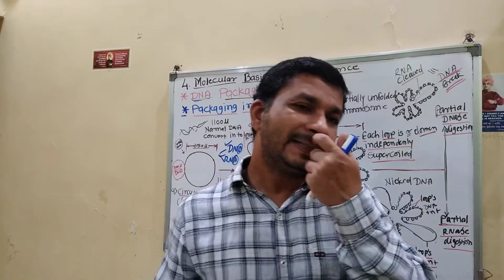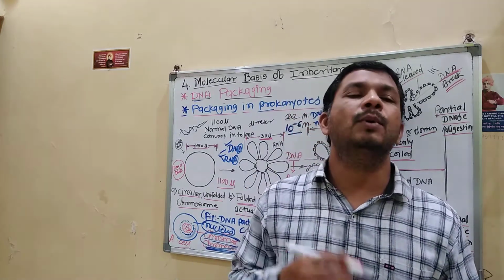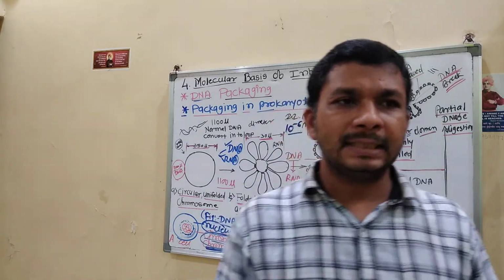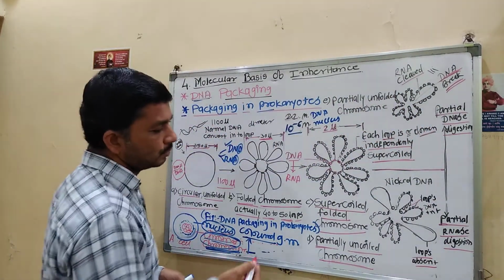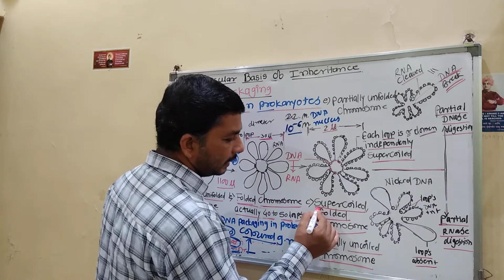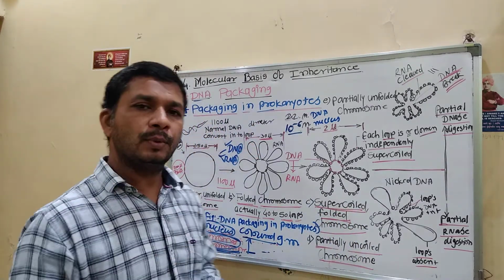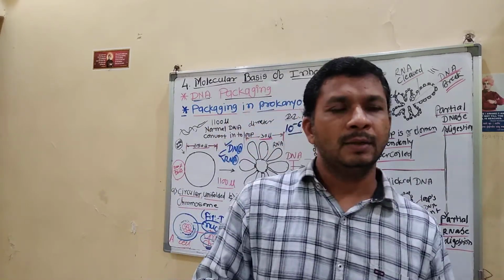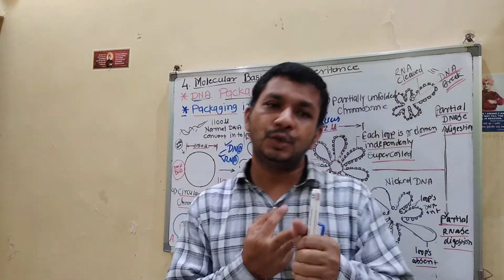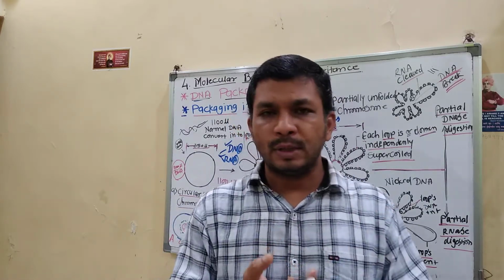And then again, topoisomerase I maintains the supercoiled folding. What does the topoisomerase do? It maintains this supercoiled folding. This is also one form of binding protein. Two proteins are HU, that is histone protein, and topoisomerase.